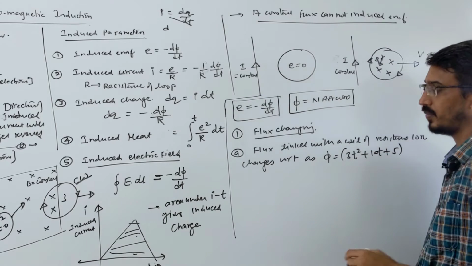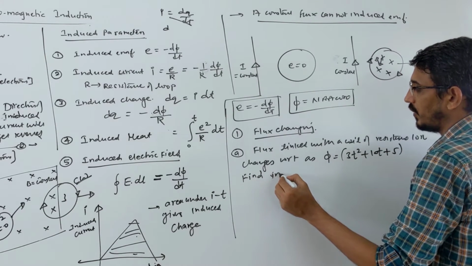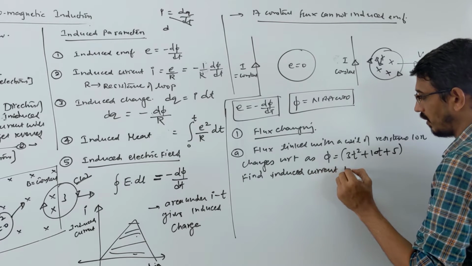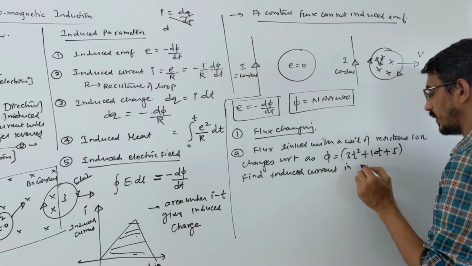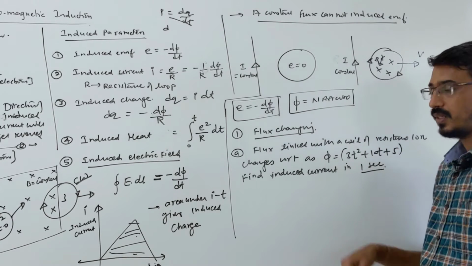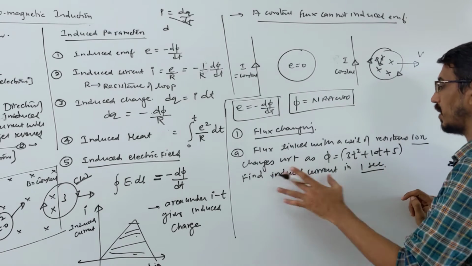This is the equation given to you. Find the induced current at 1 second. The flux linked with the coil of resistance 10 ohm is changing as this equation.